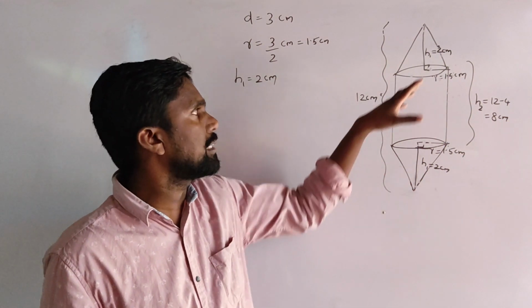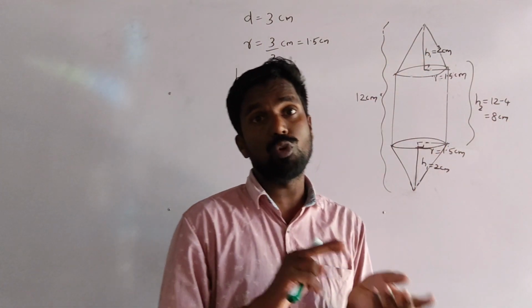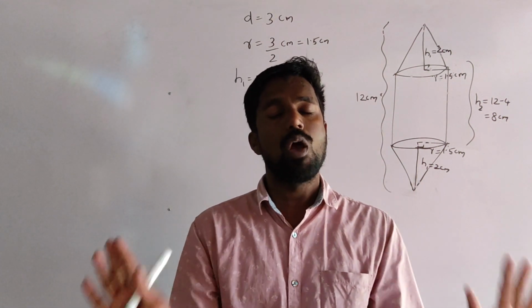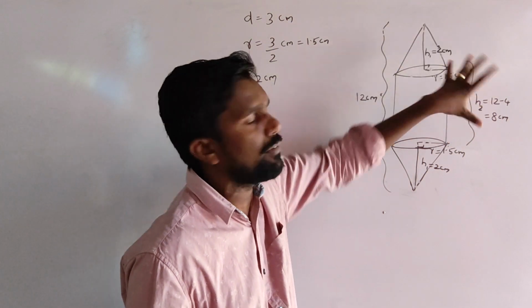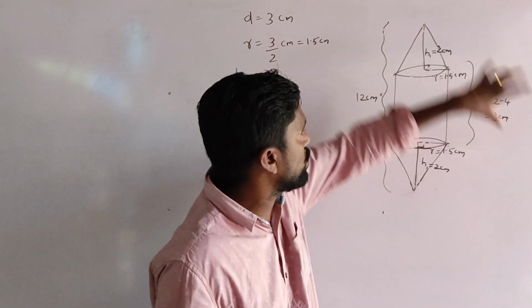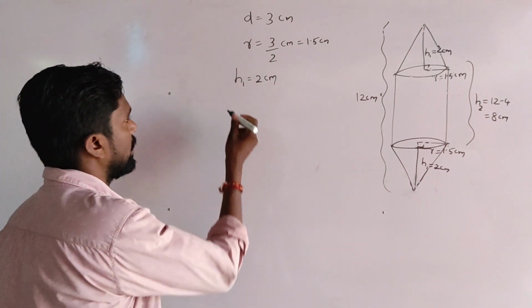But here the height of the cylinder is different and the height of the cone is different. So we have to use two separate letters for denoting height. One is H1 and another is H2, or one is small letter h and another is capital letter H. Anyway, you can denote it like that.